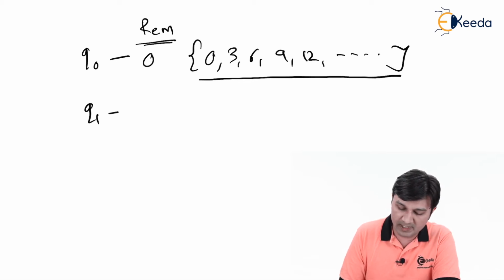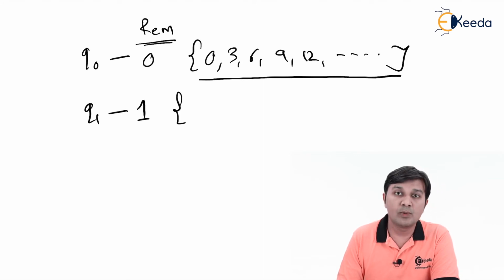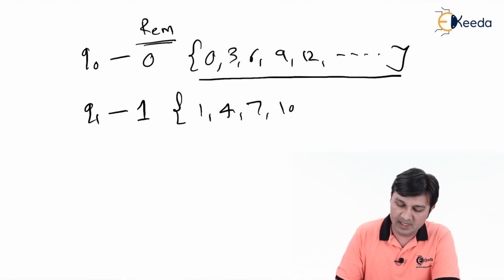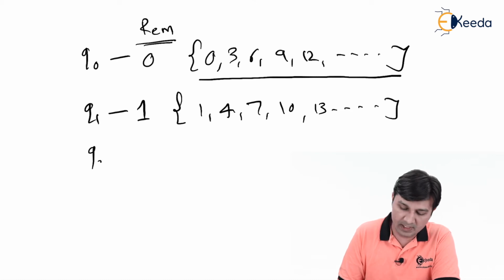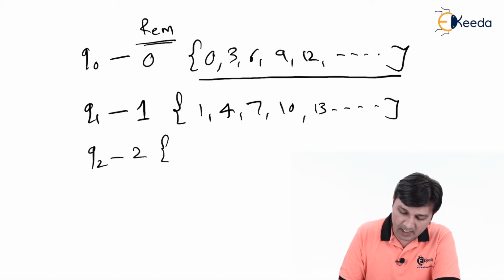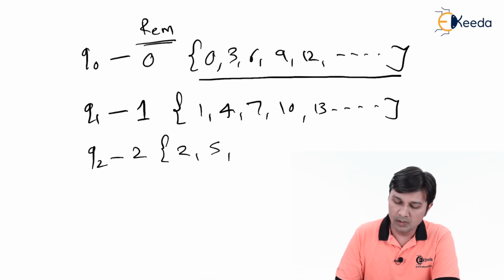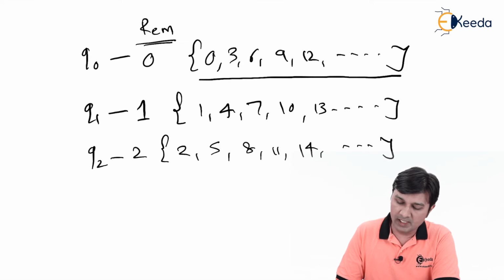Similarly, if I talk of state Q1 which is going to give me a remainder 1, the numbers which belong to this set are 1, 4, 7, 10, 13 up to infinity. And similarly for state Q2 where the remainder is 2, the numbers are 2, 5, 8, 11, 14 up to infinity.